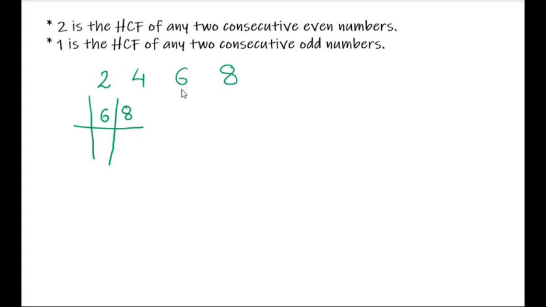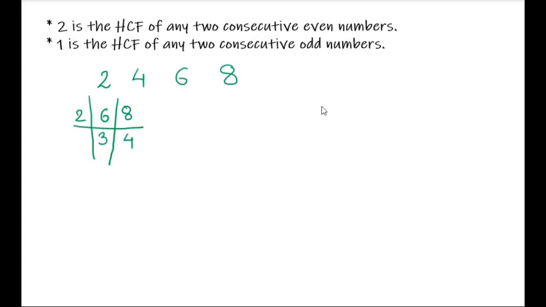Yes, it is divisible by 2. 2 3s and 2 4s. Now this 3 and 4, will they come in any other common table? No. So here we have finished our HCF. You can see that 2 is their HCF, means they are both only divisible by 2. So 2 is the HCF of 2 consecutive even numbers.